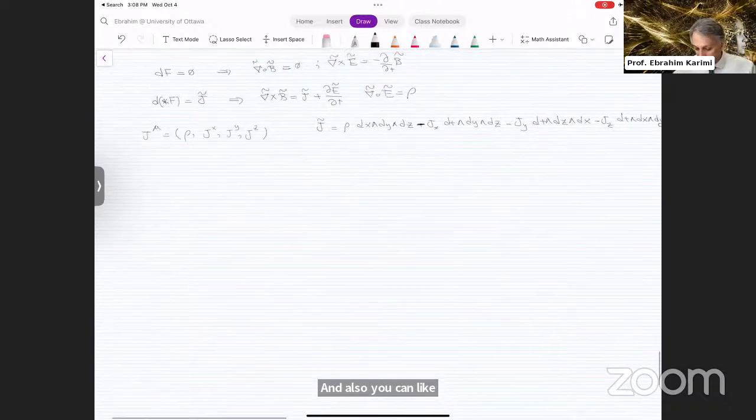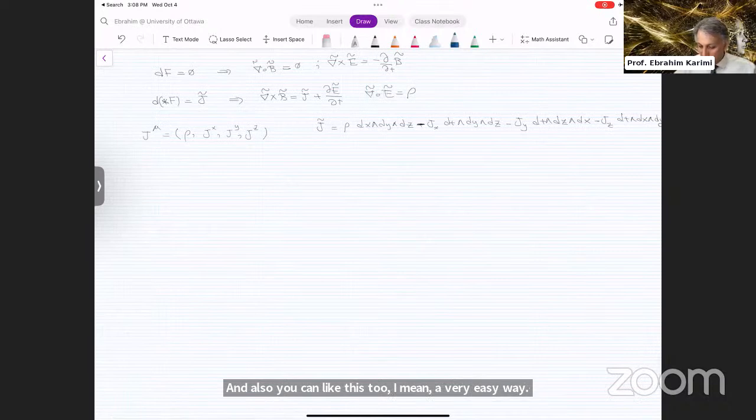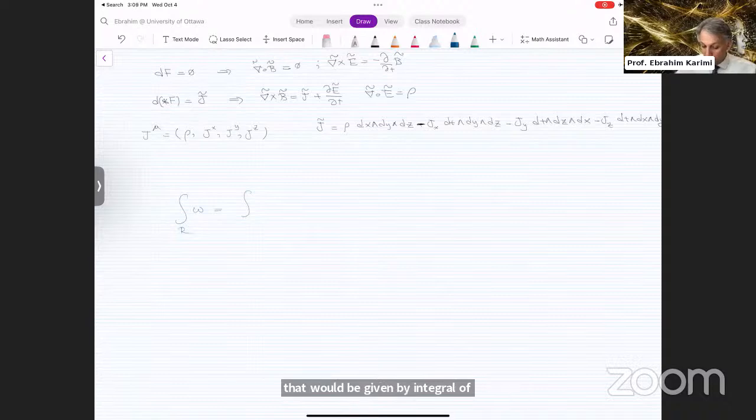I don't have time to go through these, but essentially if you have an integral of any form on a region R, that will be given by the integral on the boundary of R.